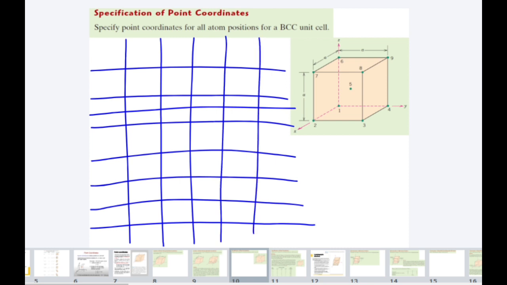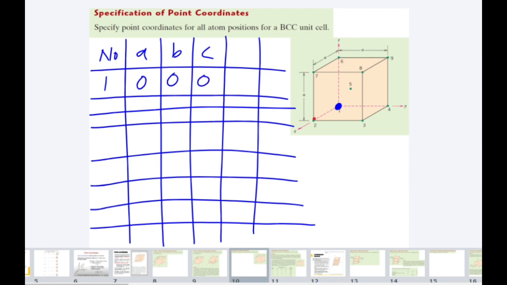So here we have the point number. Let's say the point number 1. Here we have A, B, and C. So tell me, for point 1, what will be the coordinates? 0, 0, 0, right?